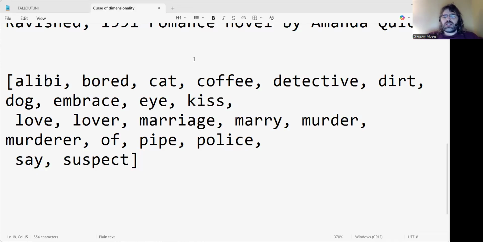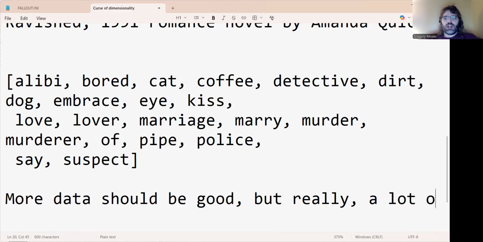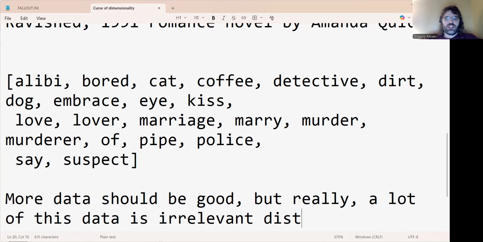What if we made these document vectors longer? So now we've got detective novel words, we've got romance novel words, and we've got just sort of random words like cat and coffee. Well, our intuition is maybe that more data should be good, but really, a lot of this data is irrelevant distraction.